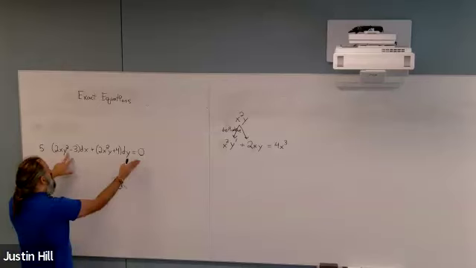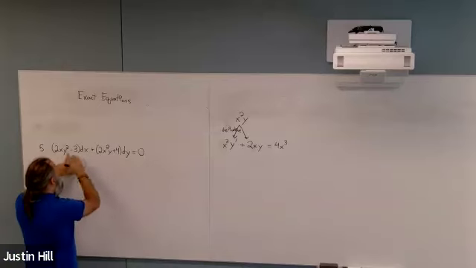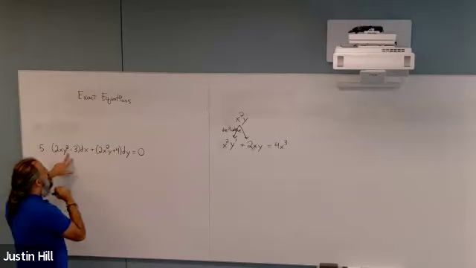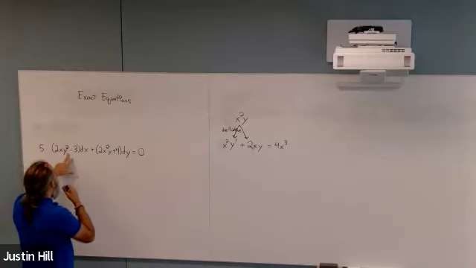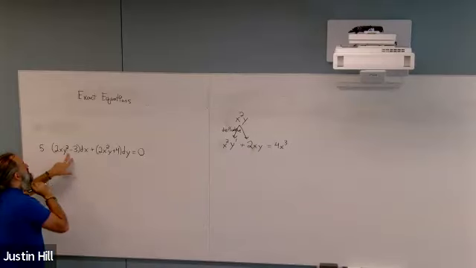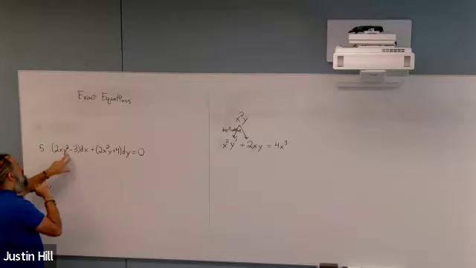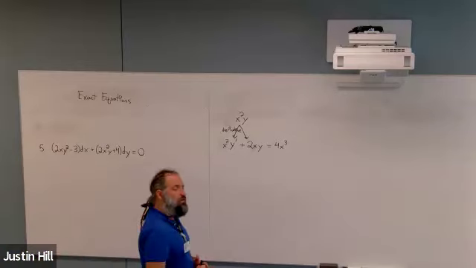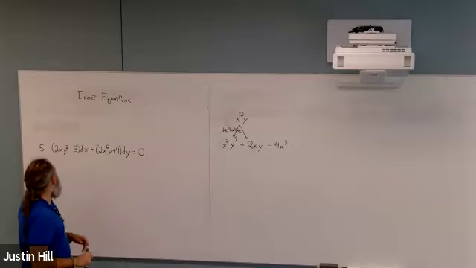What you could do with this equation, by the way, is divide by dx on both sides. The problem you'd run into is this y squared. This y squared makes this a non-linear first order differential equation.